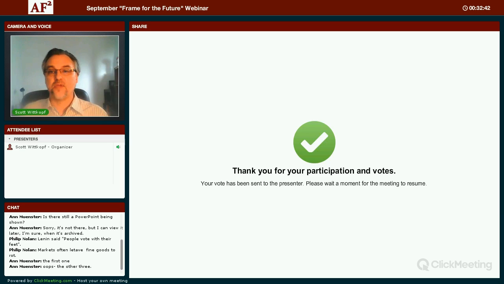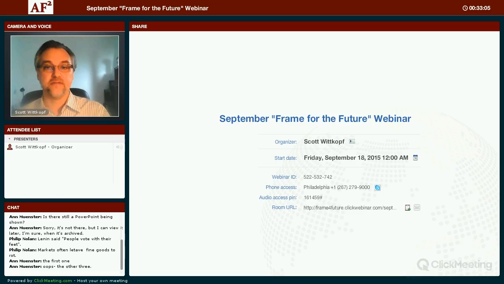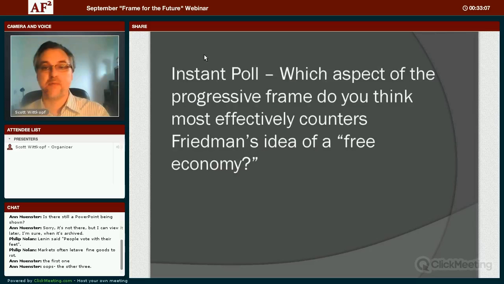And then there were a smattering of votes for the other two, responsibility to protect and empower, and the definition of democracy as all of us acting through government to provide what people need for meaningful lives. So again, no wrong answer, but in terms of what you think is effective, something good to keep in mind.